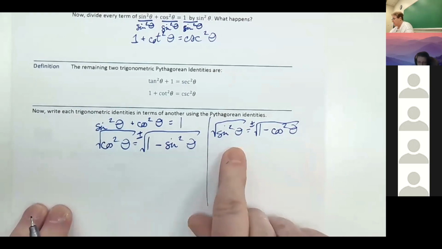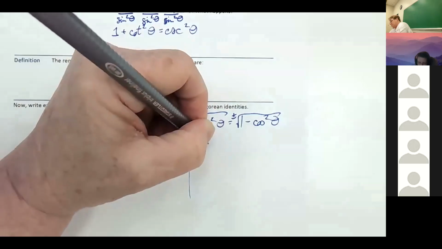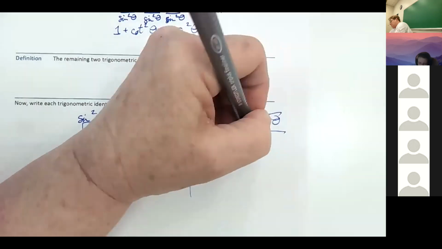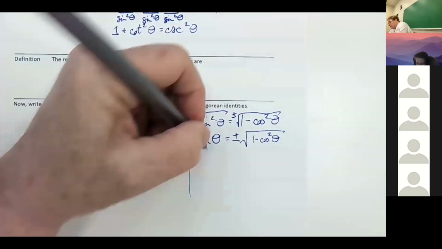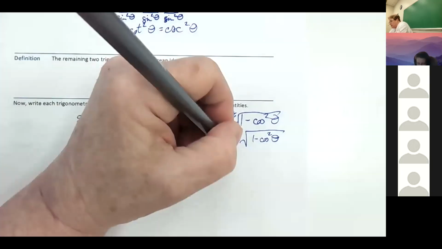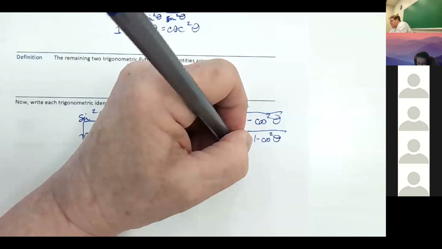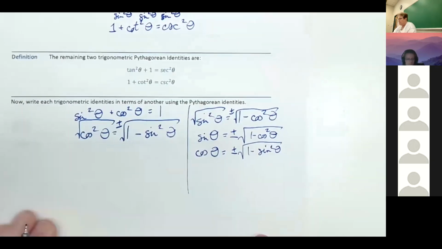And what is the square root of sine squared? And then similarly, cosine theta is plus or minus the square root of 1 minus sine squared theta.